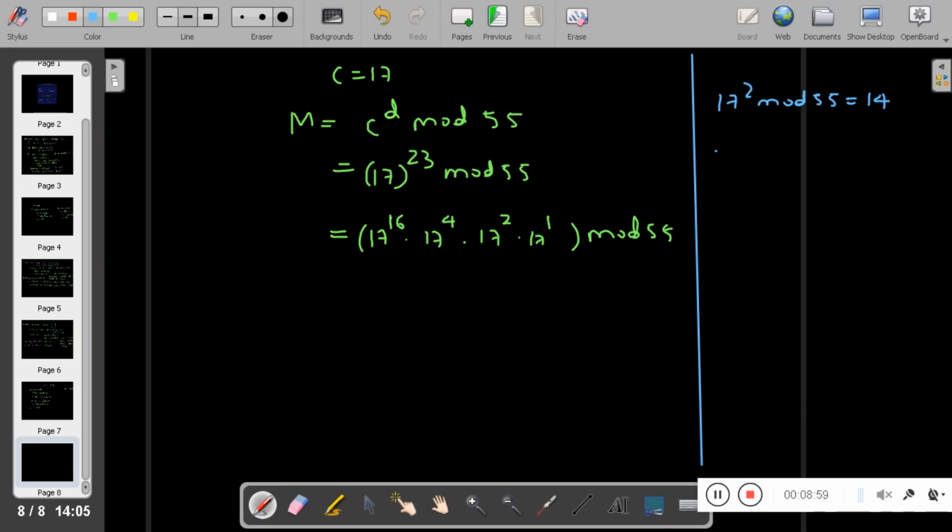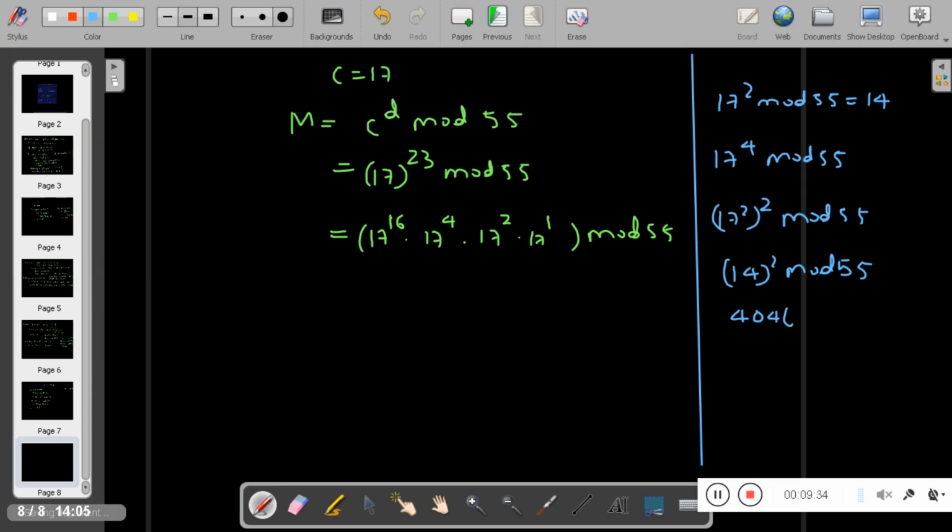We also need to calculate 17 raised to the power 4 mod of 55. I can write 17 squared, squared, mod of 55. Since 17 squared is 14, I can write this as 14 squared mod of 55, and this gives the answer 31.